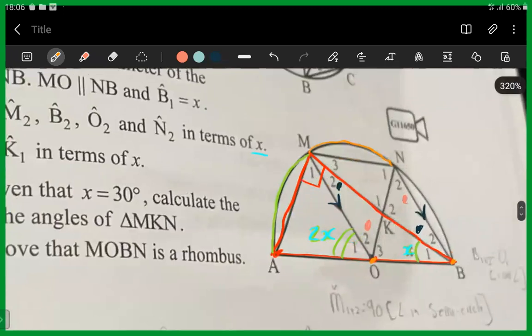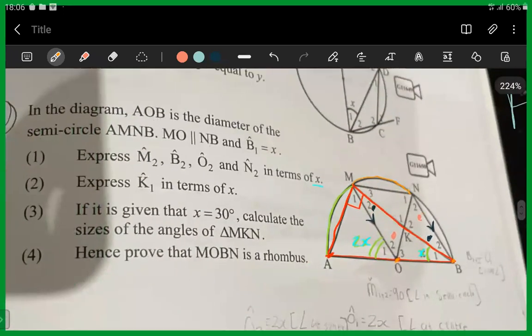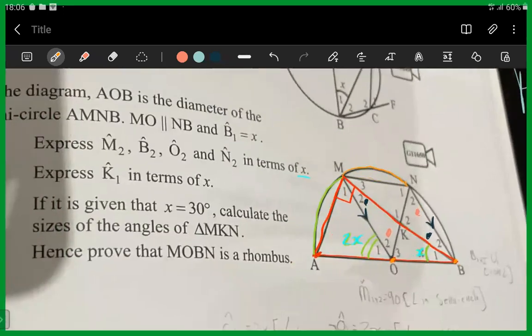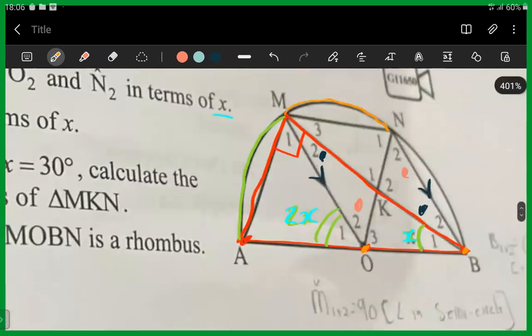Let's see, what else did they tell us? They told us these are parallel, so we have corresponding angles. So if this is 2x, which other angle is also equal to 2x? Which angle is corresponding to O1?